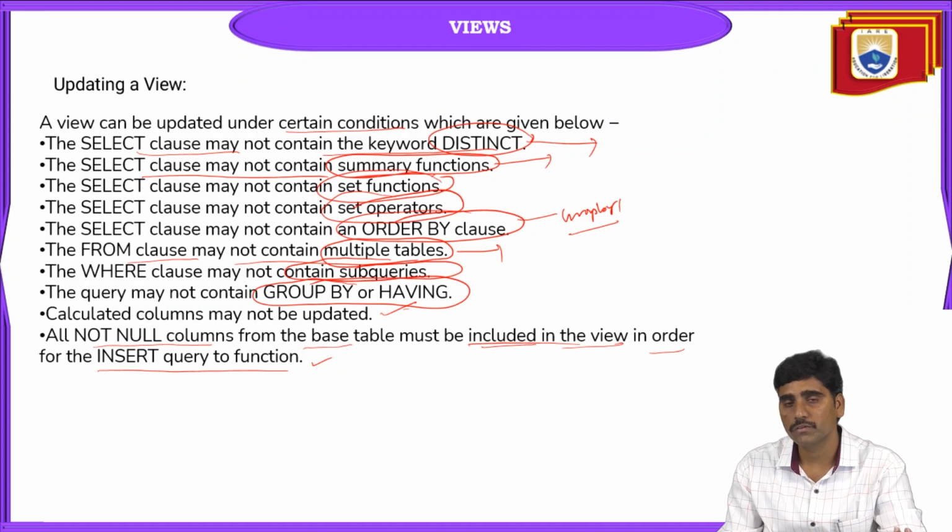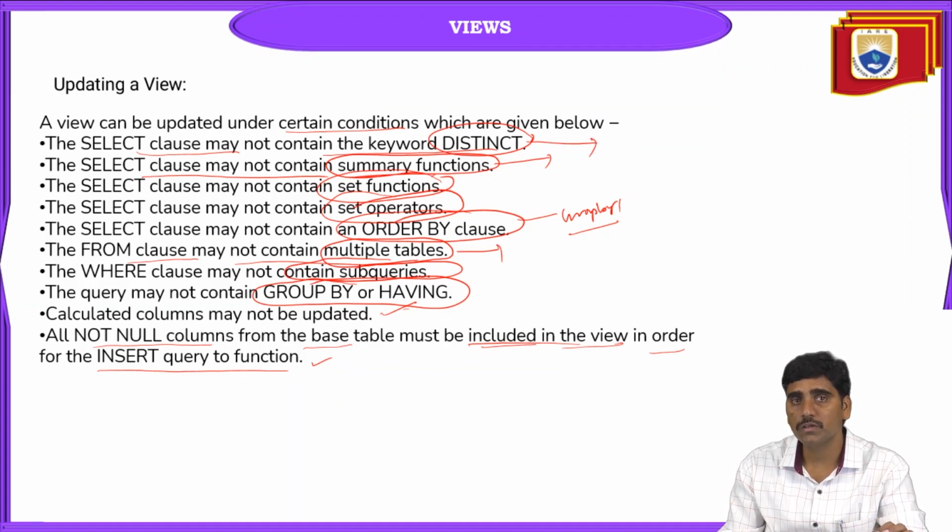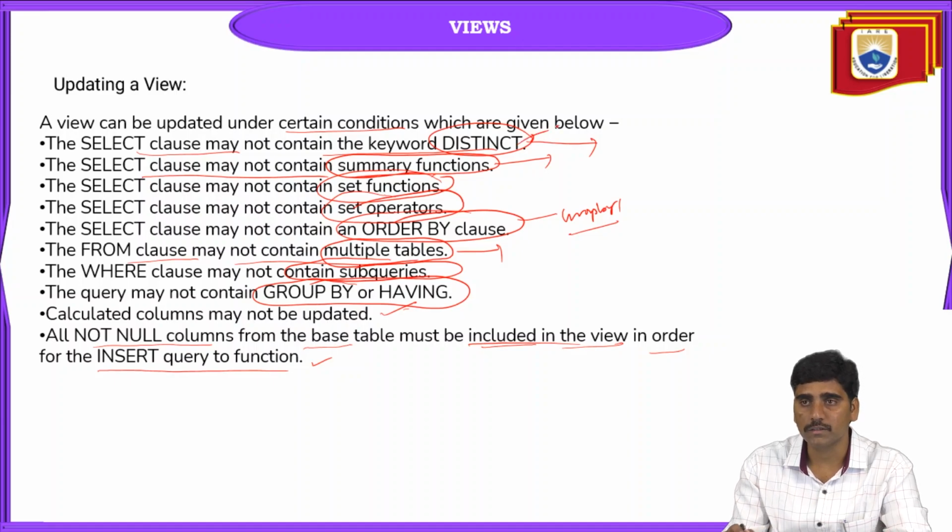To update the view, and to insert into the views, we need to specify certain conditions. All these conditions must be satisfied. It should not contain the keyword distinct, it should not contain summary functions, set functions, set operators, an order by clause, multiple tables, subqueries, or group by or having clauses.